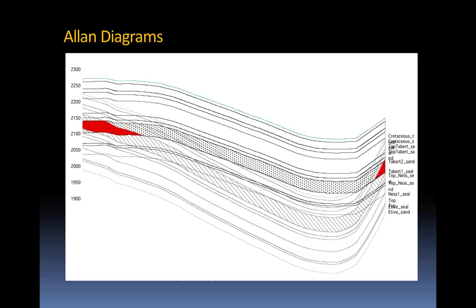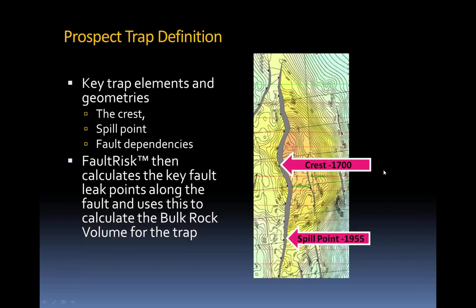So here's an example of some Allan diagrams from a prospect, showing sand juxtaposition. For our prospect, we have the Cool prospect. What we see here is the crest of the prospect, the spill point down here, and the trap.